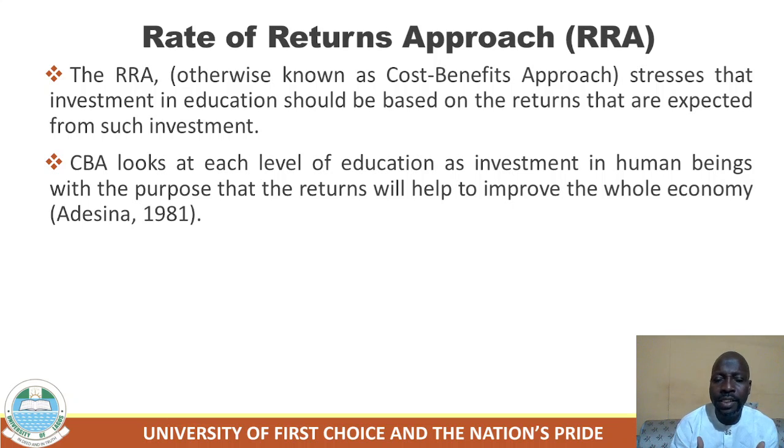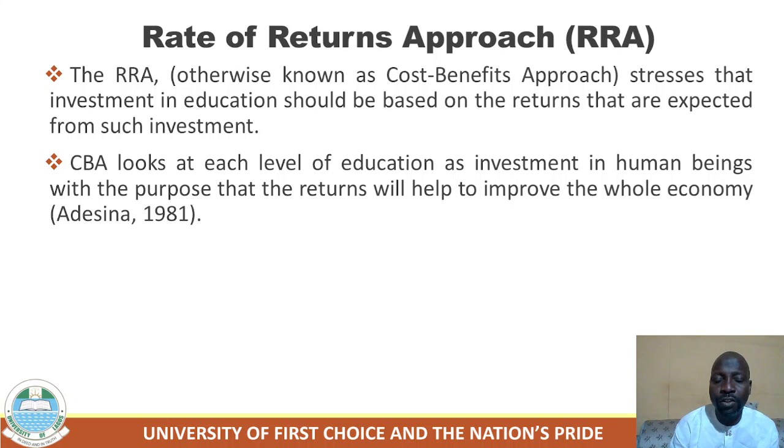So the idea now is that if you are investing in an educational program, you have to consider the cost. If the cost is higher than the benefit, then it is not advisable. You take a look at another program where you can effectively and maximally use the available resources, bearing in mind the fact that resources are always scarce, not in adequate supply.